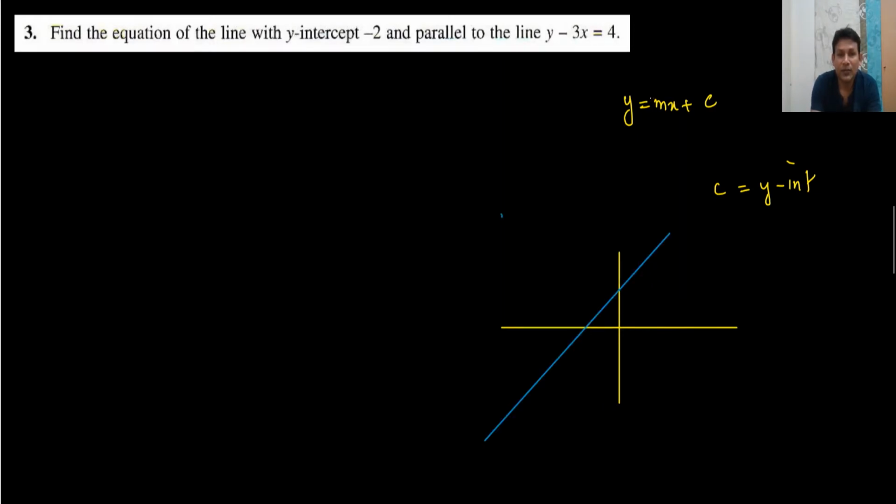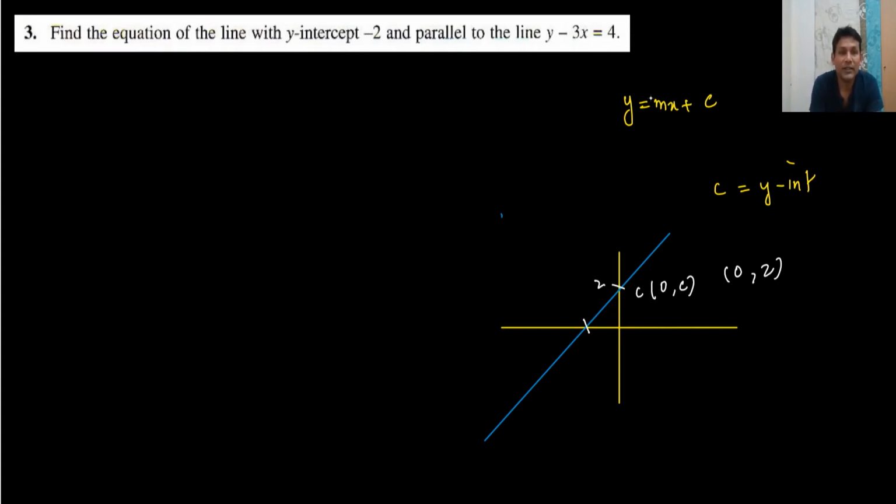So this point is called the y-intercept. This is called c. And remember, the coordinates of c are always (0, c). For example, if c is 2, I will write (0, 2). So this is the concept of the y-intercept. This is the x-intercept, and we do not have the x-intercept in the standard equation.